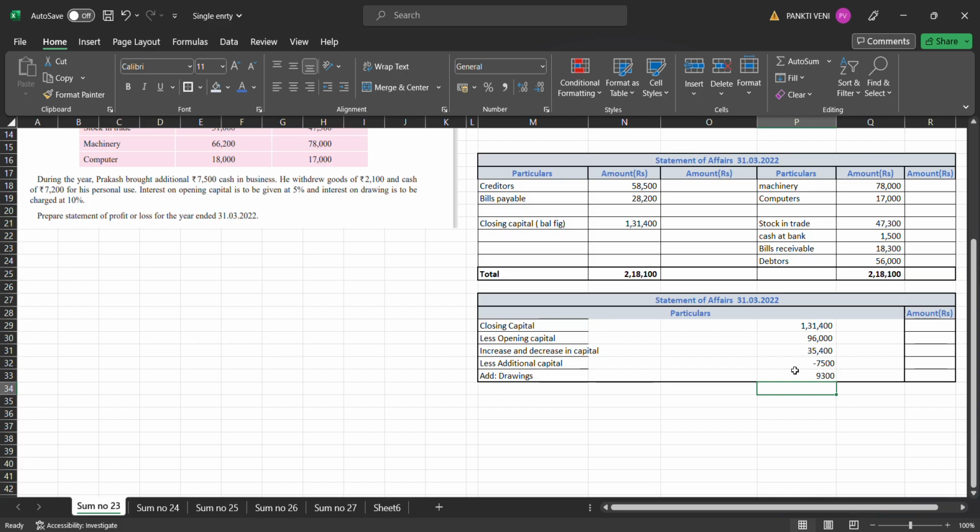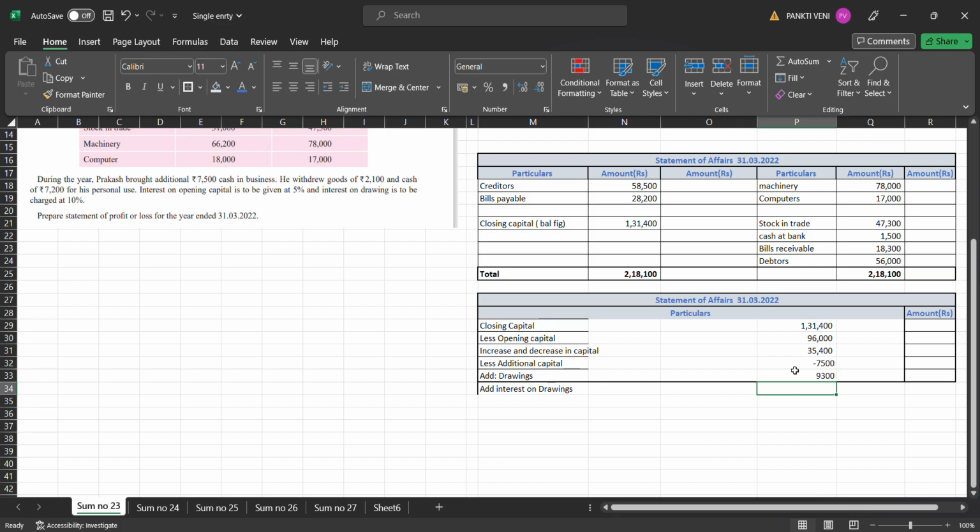Then is anything pending? So I'll go for my final net profit. Interest on capital and interest on drawings. Interest on opening capital is to be given at 5% and interest on drawings is to be charged at 10%. So less appropriations. Add interest on drawings.